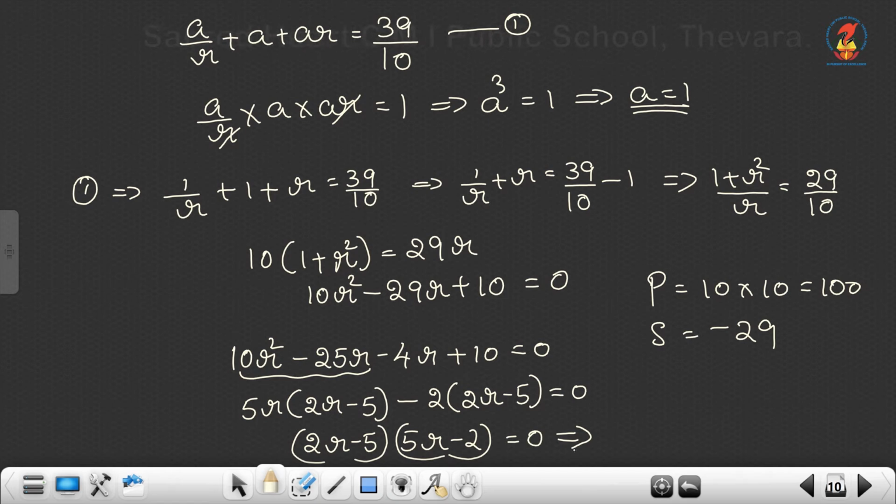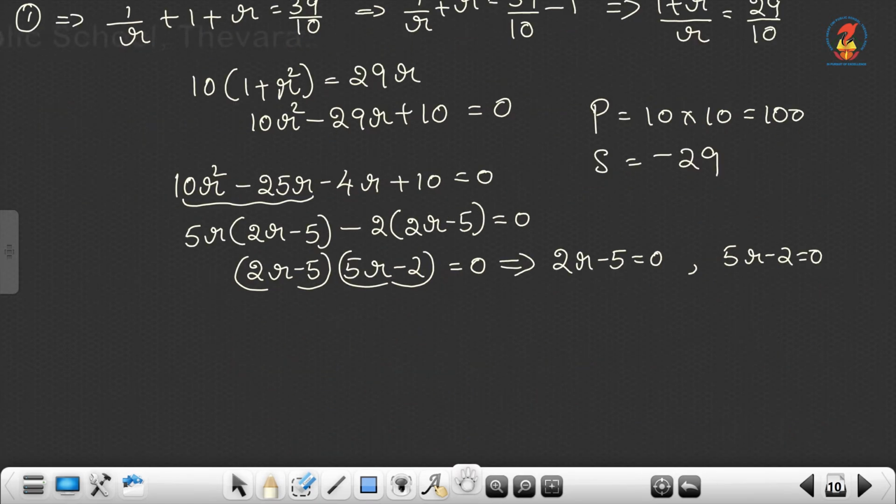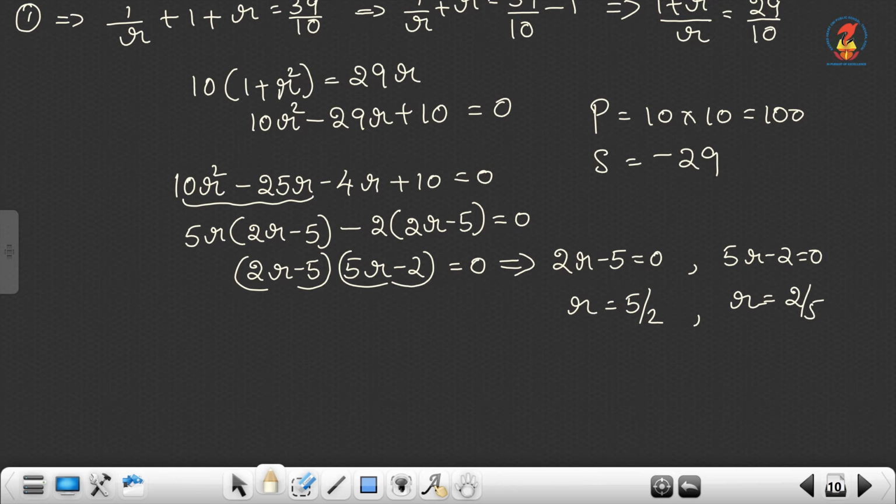That implies 2R − 5 = 0 or 5R − 2 = 0. So, there are two values, R is equal to 5 by 2 and here R is equal to 2 by 5. So, you will get 2 GPs.